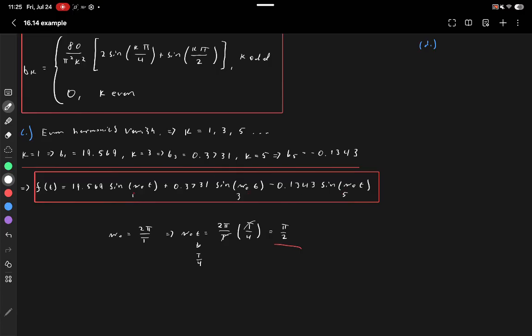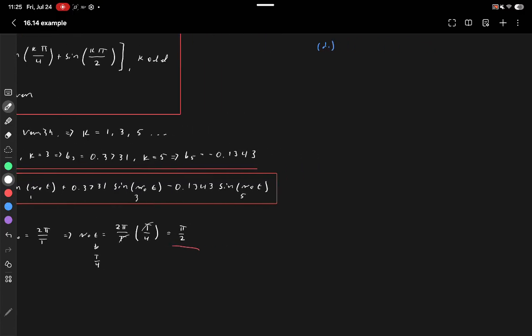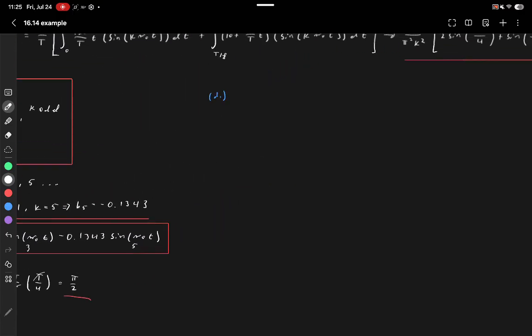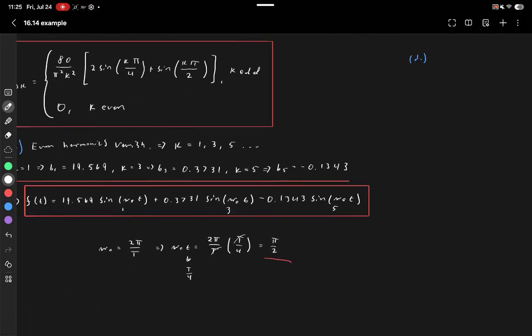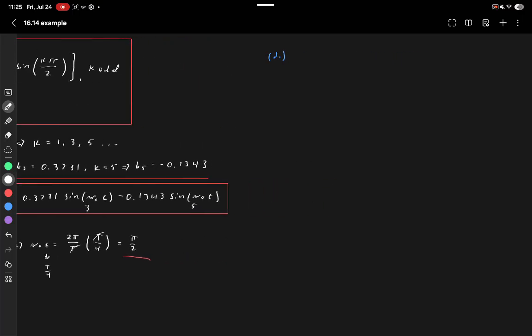So it would be 1 omega naught t, 3 omega naught t, 5 omega naught t. Apologies for that. But if we go through and say evaluate sine of pi over 2, what's that going to be? That should just be 1. If my pre-calculus is still fresh, that should just be 1.